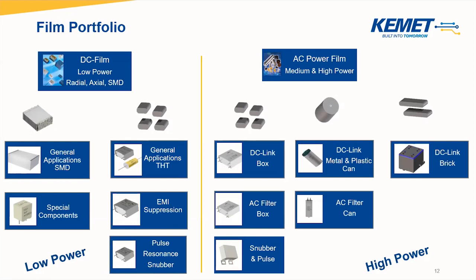Other typical applications are AC filters, for instance used in solar or wind inverters, and these can be of different shapes, in box or aluminum cans. We also have the pulse and the snubber that can be used in solar and wind applications. And as you can see, we have special lugs that allow this capacitor to be mounted directly on the power module.